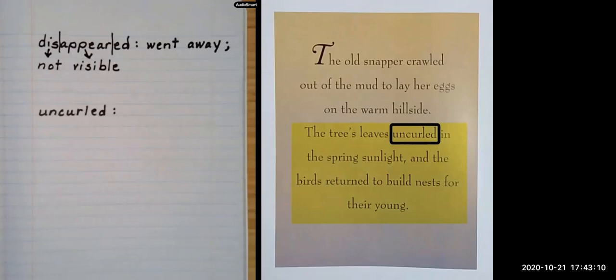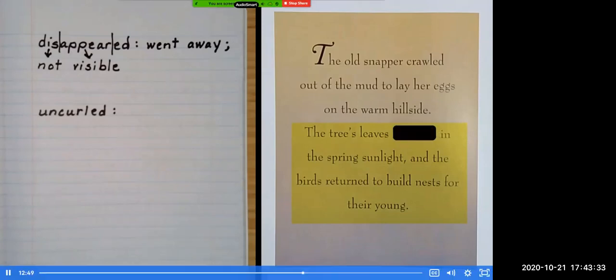Look at the sentence and the words that surround the word that you're examining. Pause here to read the sentence and to think about, are there clues in this sentence that can help you determine or figure out what the word uncurled means? Pause here to do that now, and then hit play when you're ready to continue.